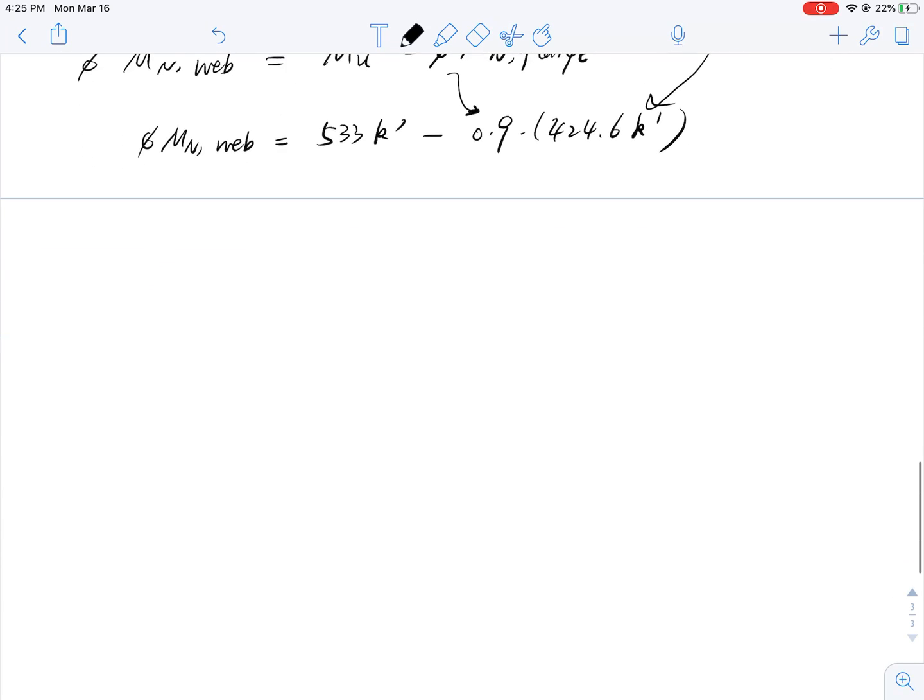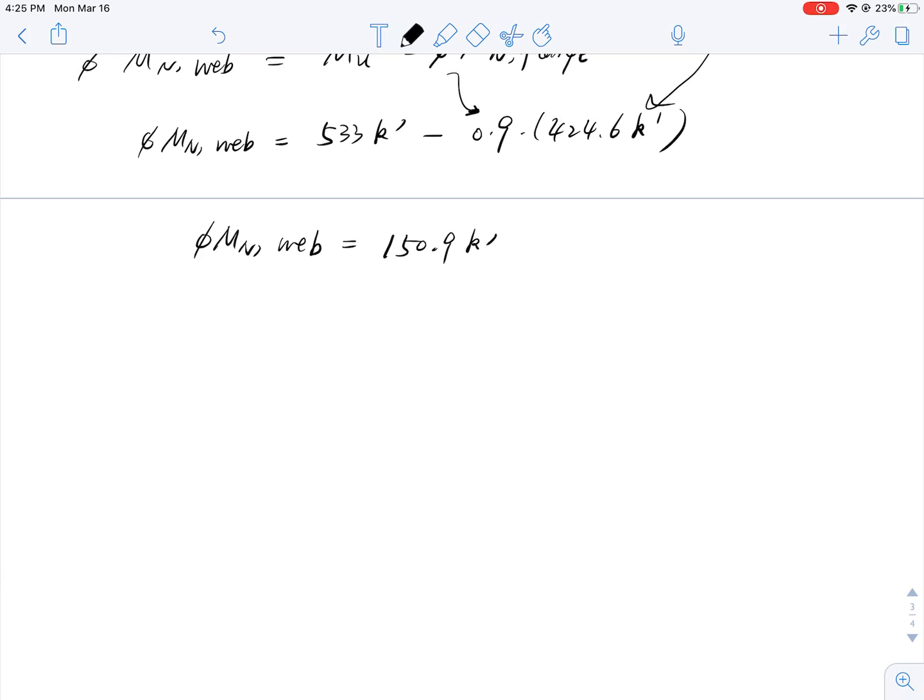Then I get phi Mn web required equal to 150.9 kip-feet. Very small. So this is what is required from the web.